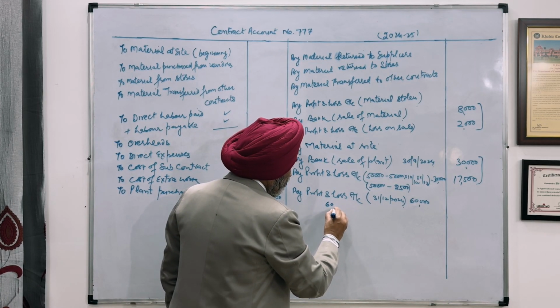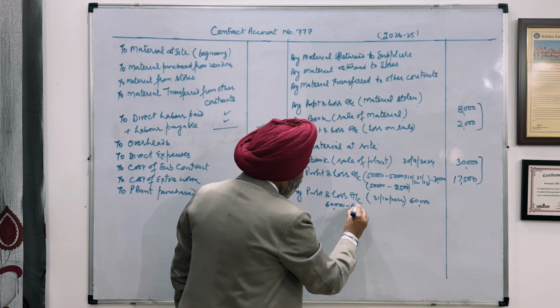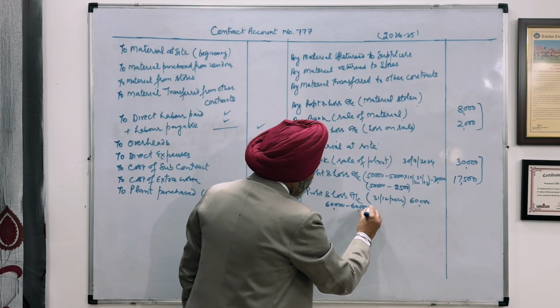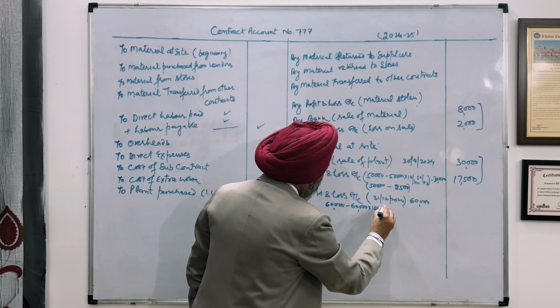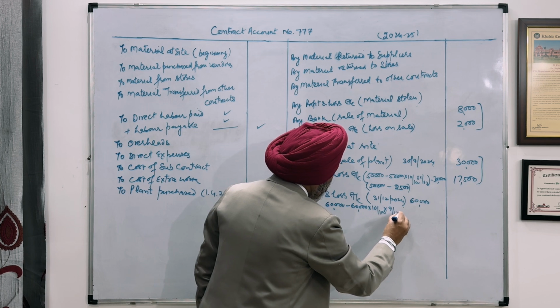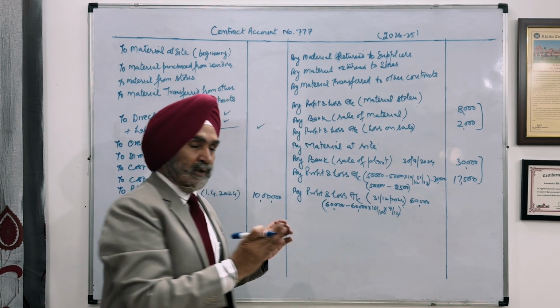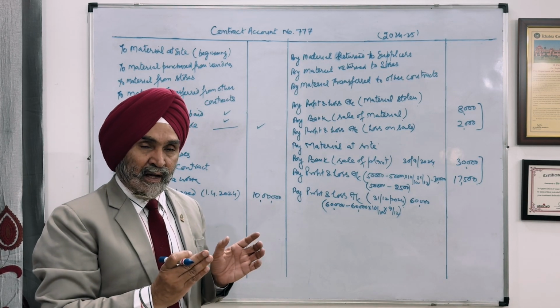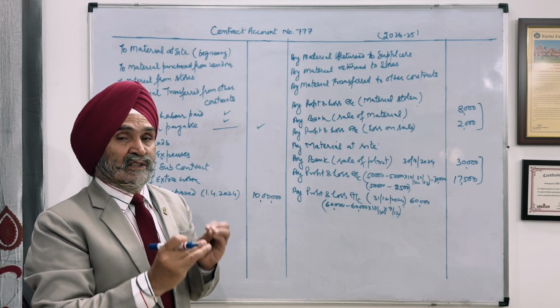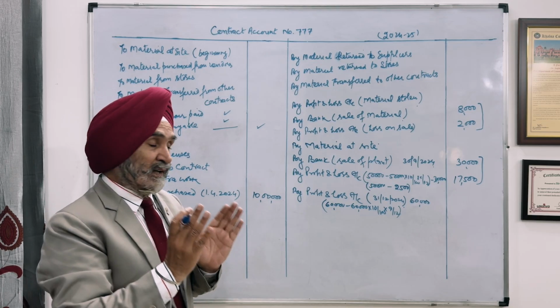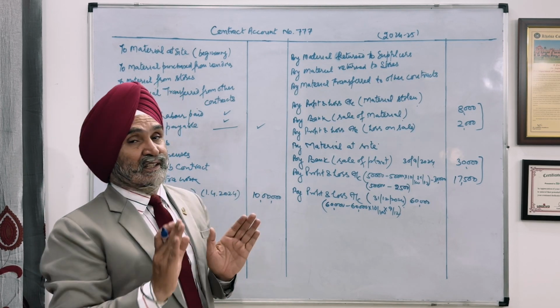So on 60,000, we will calculate the depreciation for 9 months and deduct it from the cost. That will be the written down value, and the written down value is the loss. Cost is not the loss.